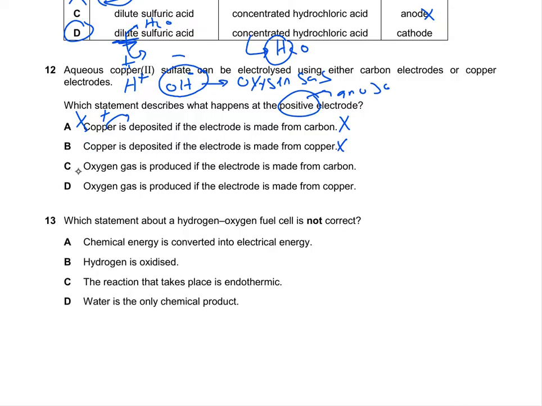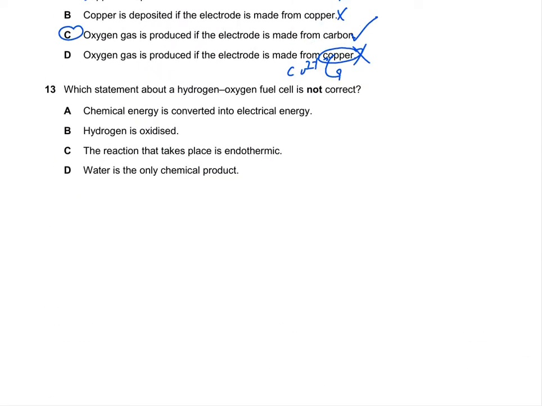Oxygen gas is produced if the electrodes are made from carbon? Yes, that's true. Oxygen gas is produced if the electrodes are made from copper? No, because when the electrodes are made from copper, copper ions form, so oxygen gas won't be produced at the positive electrode using copper electrodes. It's produced using carbon electrodes, because if we were using copper electrodes, copper ions would be produced, not oxygen. So the answer is C.